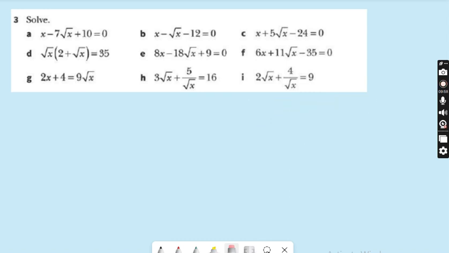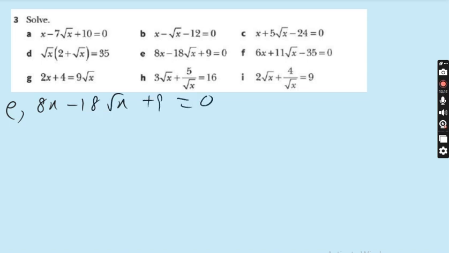What is part E? 8x − 18√x + 9 = 0. Let y = √x, so it is 8y² − 18y + 9 = 0. 9 eights are 72 and 12 sixes are 72, 12 and 6 is 18.